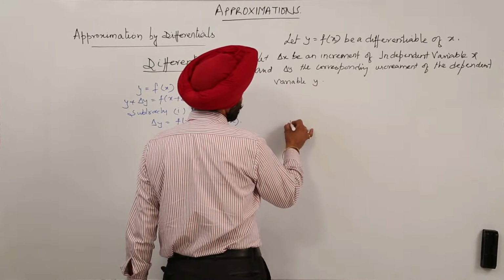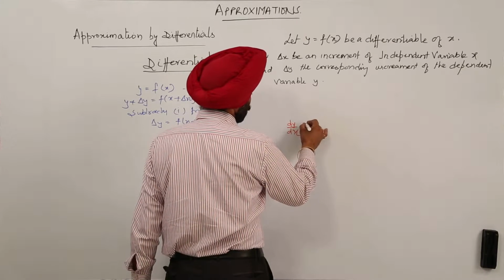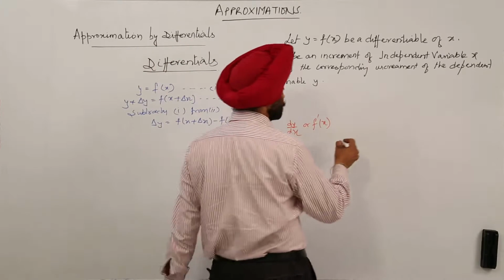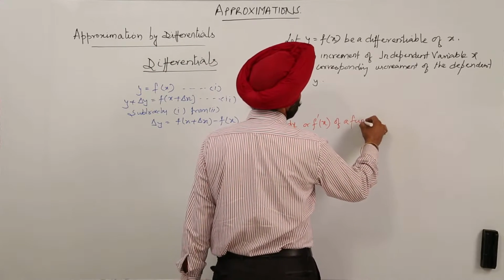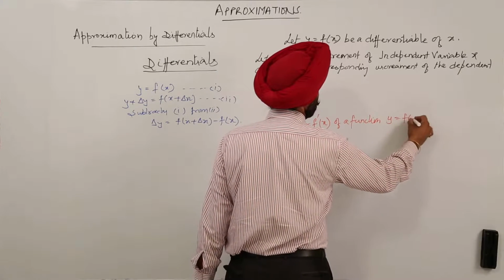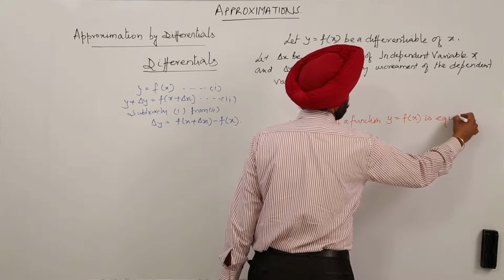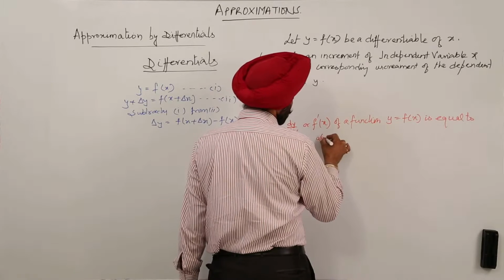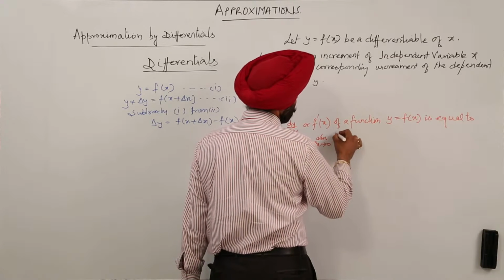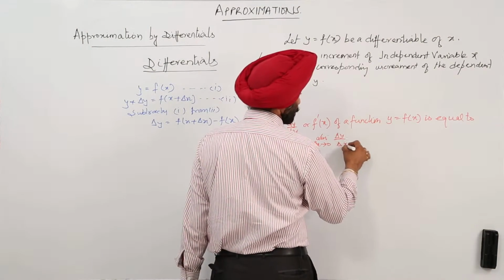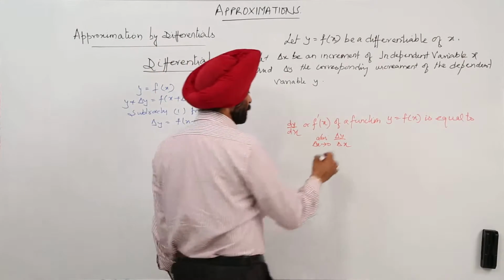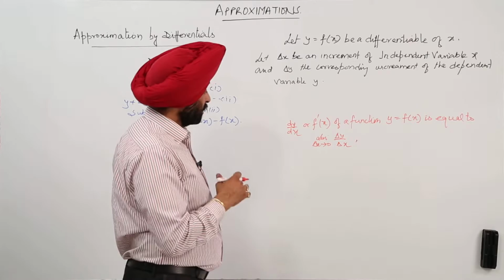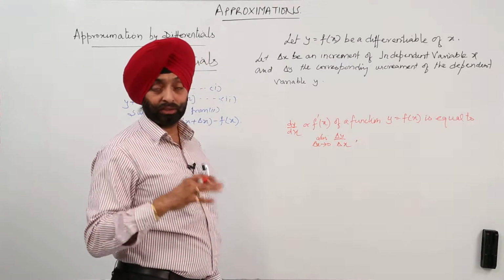Now dy by dx, or f derivative x, one and the same thing, of a function y is equal to f(x). f derivative x is equal to the limit as delta x approaches 0 of delta y upon delta x. This we have done in limits.